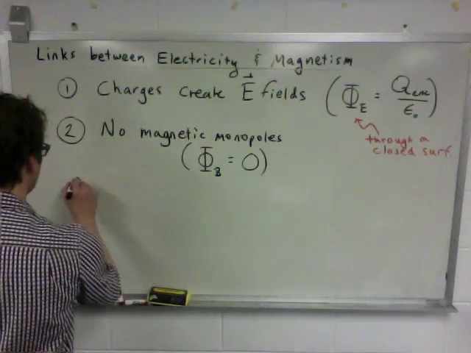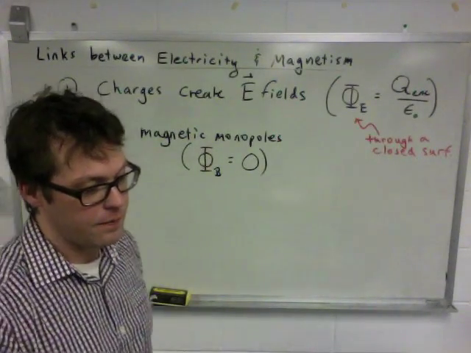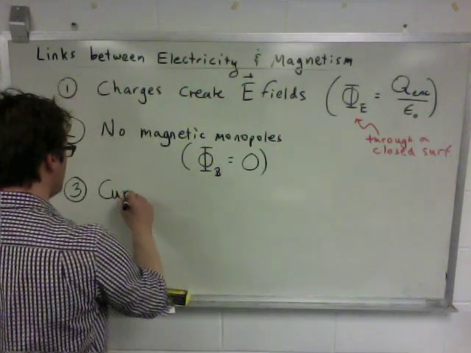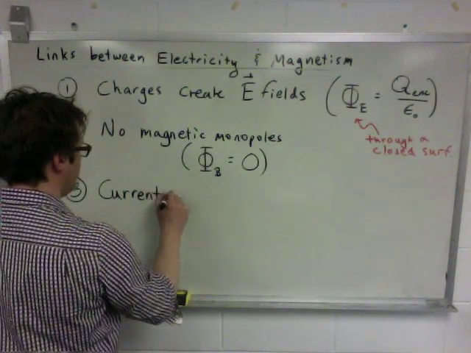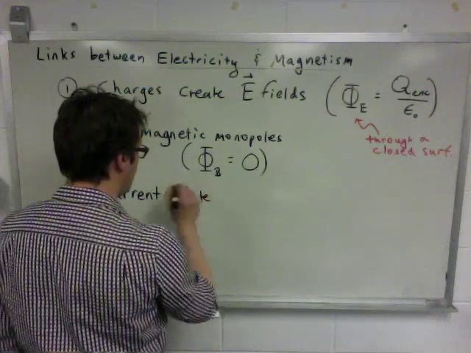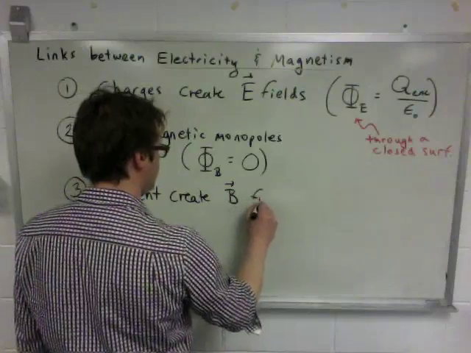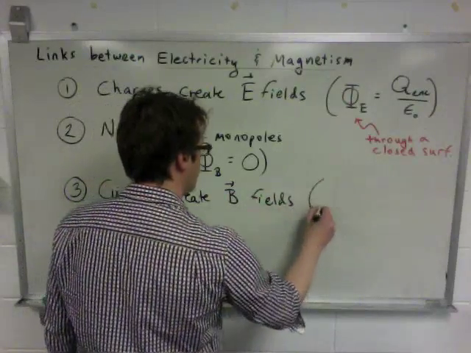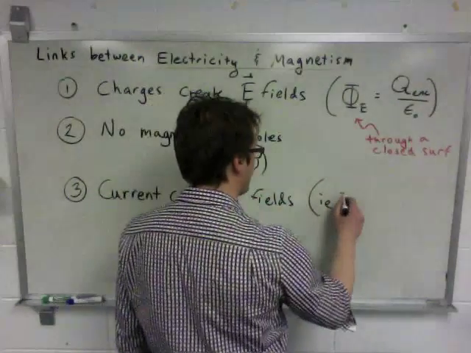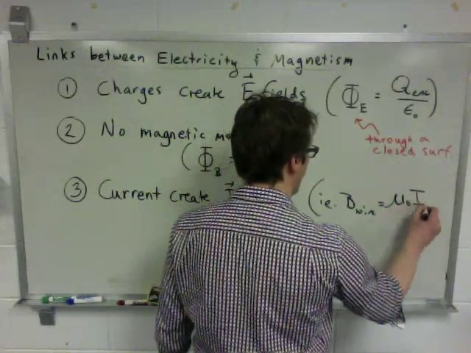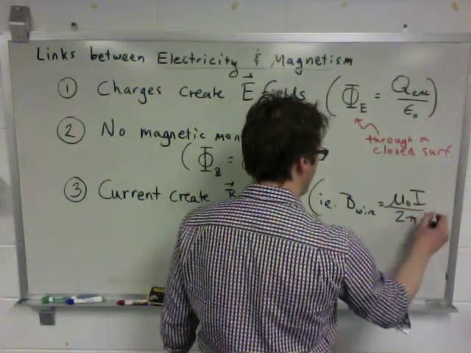And that brings us to connection number 3. So what does create a magnetic field? Currents create magnetic fields. And just as an example, we saw that the magnetic field due to a wire was mu0 times I over 2 pi r.